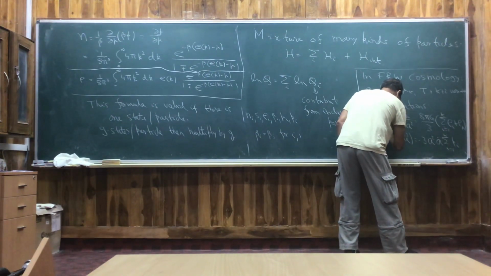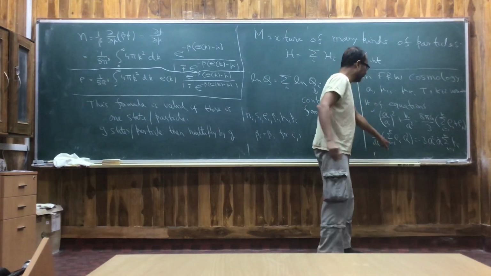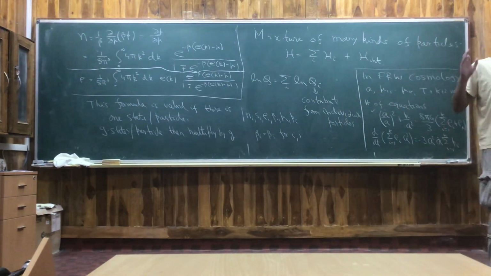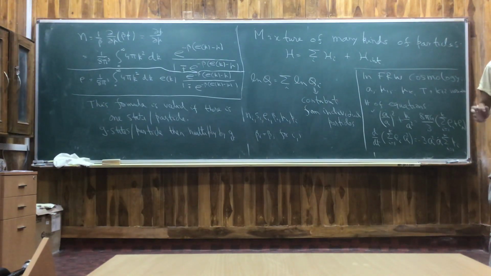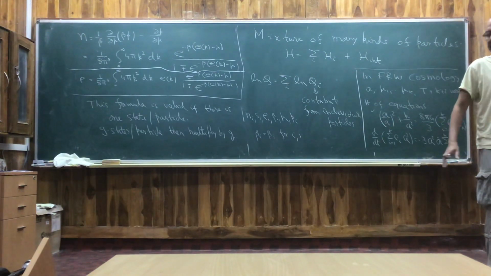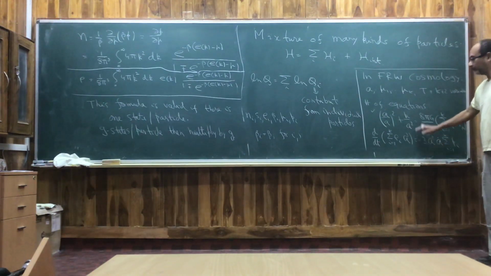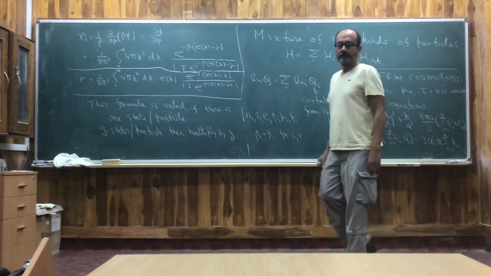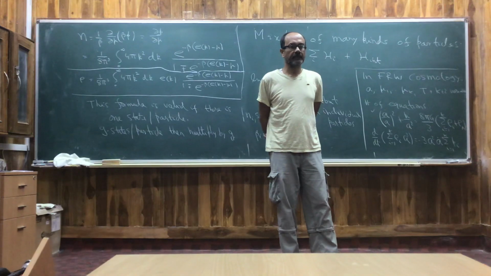So here I can include only the energy density and pressure from the physical components, leaving out the cosmological constant, because that's constant by itself, as you saw. So that's this equation. So you have two equations.